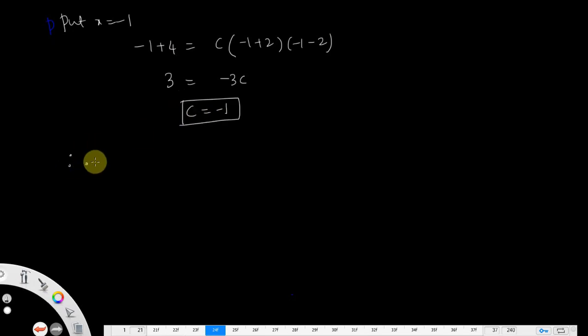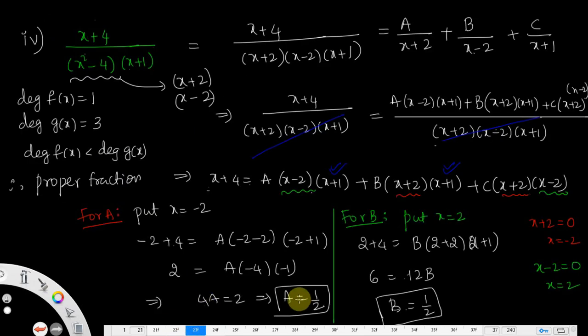Therefore, the given expression, x plus 4 divided by x square minus 4 into x plus 1, can be written in partial fractions as follows. Substitute whatever values we got, a as 1 by 2, b as 1 by 2, and c as minus 1, in the first step we have written.